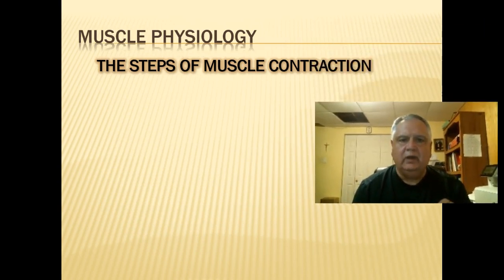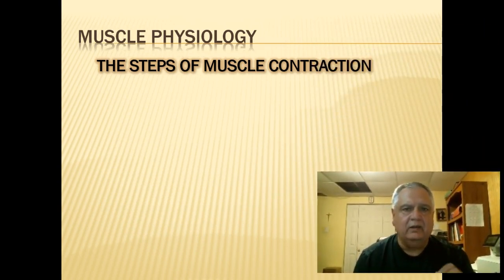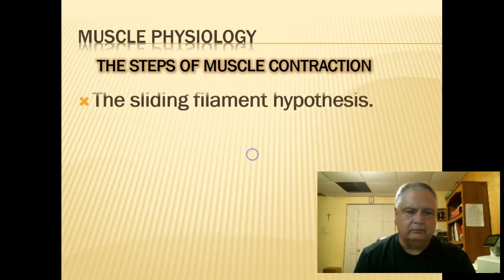Troponin is a protein that's associated with actin filaments that has a high affinity for calcium. So when the calcium is released into the sarcoplasm, the troponin immediately picks up the calcium and binds it. That binding of calcium to the troponin engages what we refer to as the sliding filament hypothesis.